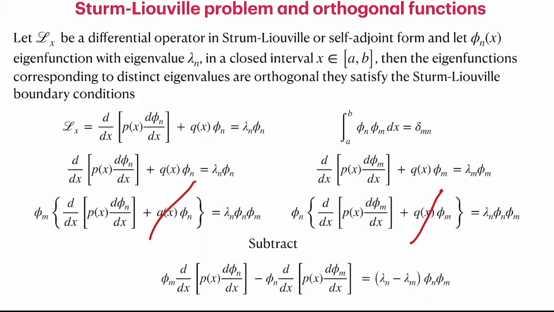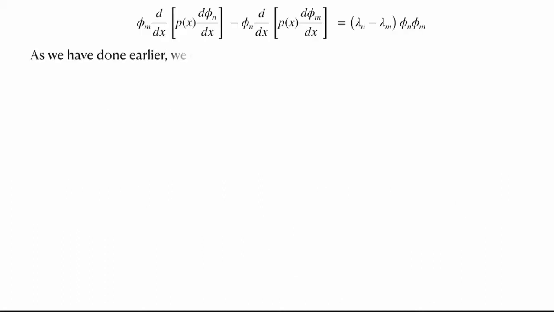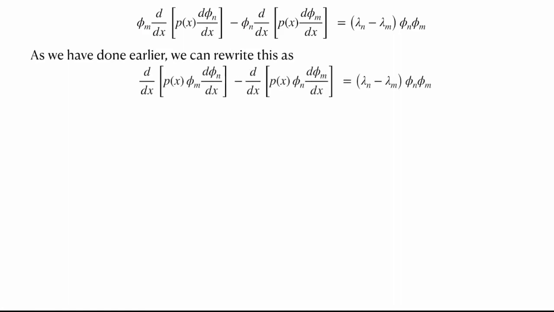We can easily simplify and rewrite this expression as d by dx of p phi m into d phi n by dx minus d by dx of p(x) phi n d phi m by dx is equal to lambda n minus lambda m into phi m into phi n.